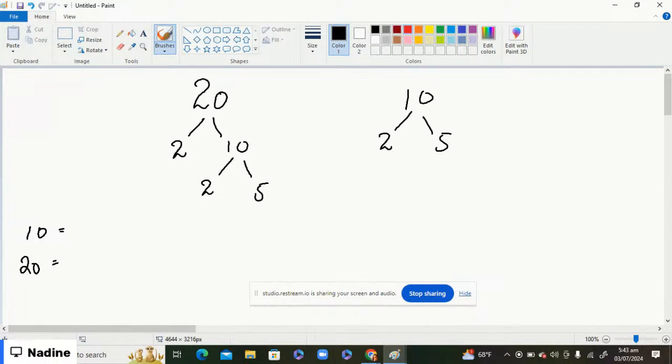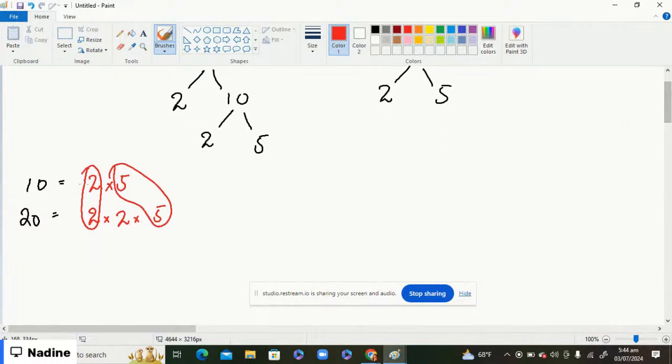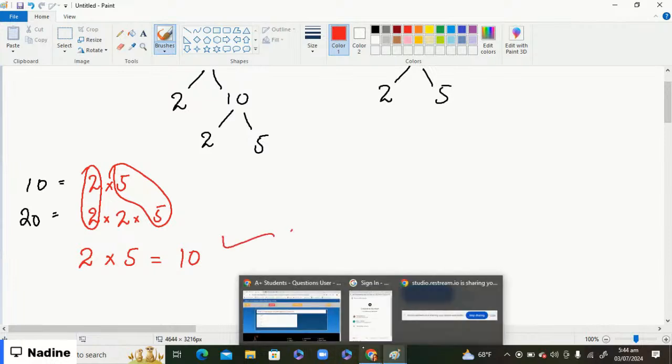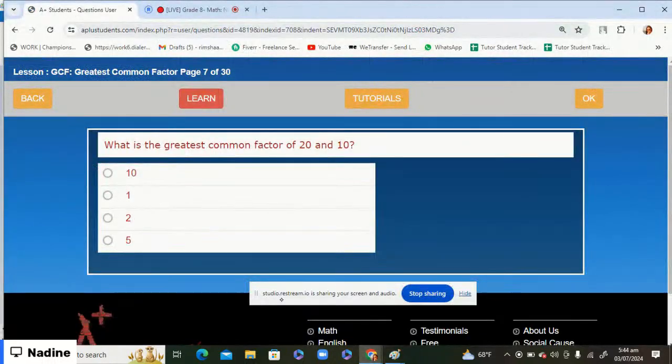For 10 it's 2 times 5, and for 20 it's 2 times 2 times 5. Look, this 2 is common and this 5 is common. This is a pair, so we can write it only once, 2, and from here only 5. So 2 times 5 is 10, and this is our answer. Let's check, is there any 10 here? Yeah, it's here.